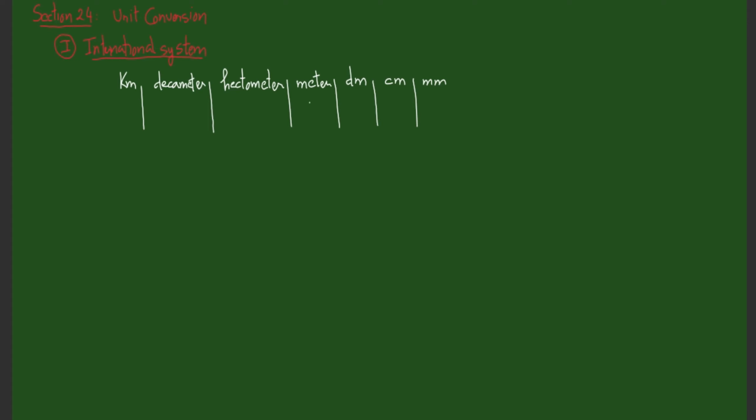So the first relation you need to know is that 1 meter is 10 decimeter. So we'll start from here, using this as the reference. I'll call this column the reference position.